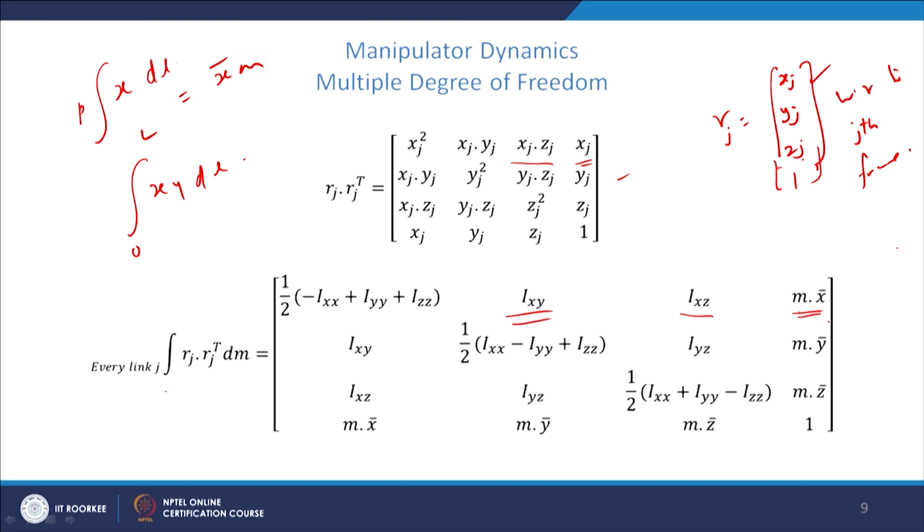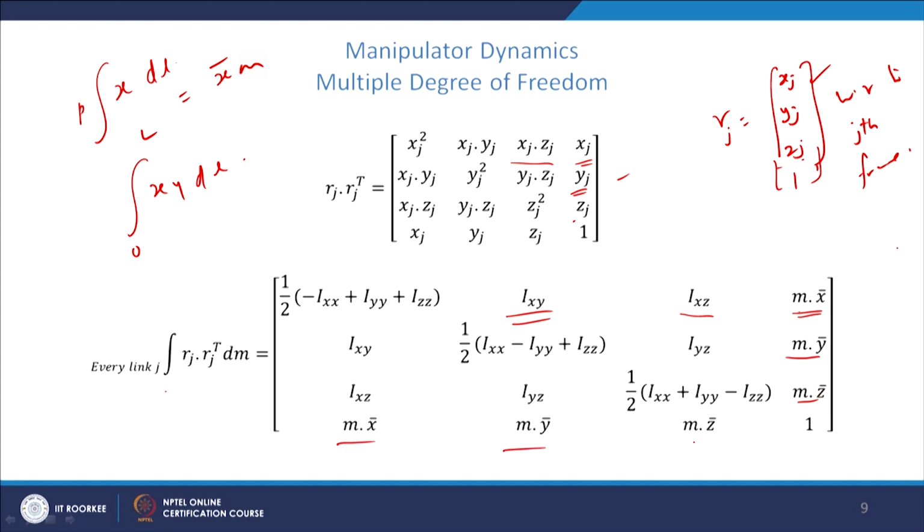So the integral of x into dm represents mass into the center of mass x coordinate. Similarly, the integration of this will give mass into the y coordinate of the center of mass, and the integral of the last is the z coordinate of the center of mass multiplied by m.